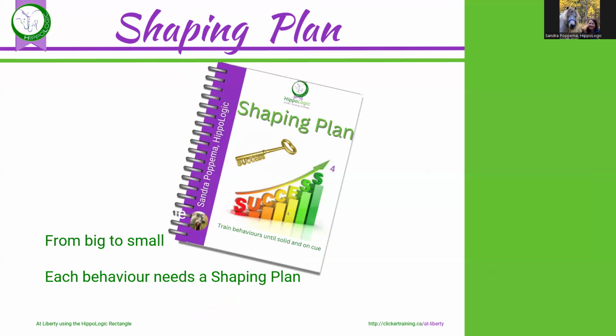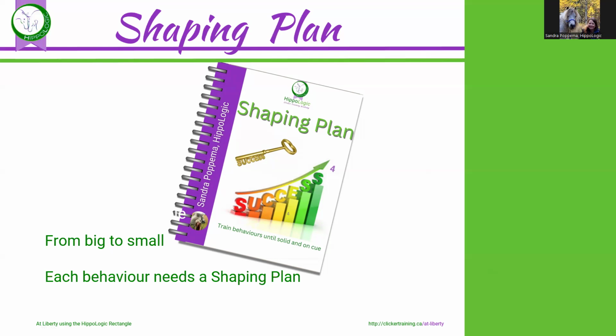Then for each of the behaviors, like for instance, you want to go to a performance, your horse needs to go into a trailer. Because without the trailer, without the ride, you cannot arrive where you want to go. So that's where the shaping plans come in. Again, you work from big to small.